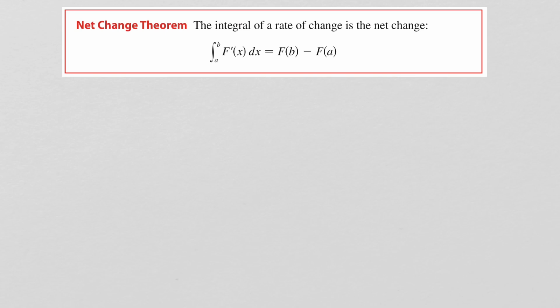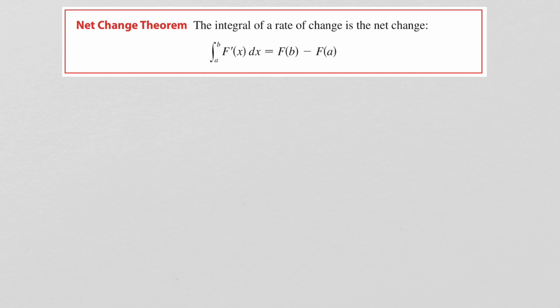Now let's talk about the net change theorem. The integral of a rate of change is the net change. So if we have the integral from a to b of some function f prime of x, we know that we get the antiderivative of this function, and of course the antiderivative of f prime is just f, and we're going to evaluate that at b and then minus evaluating it at a.